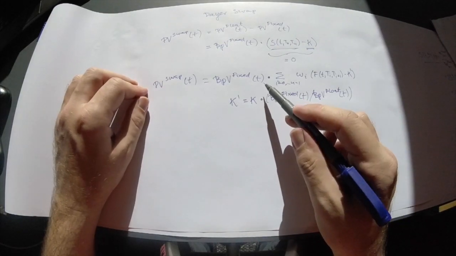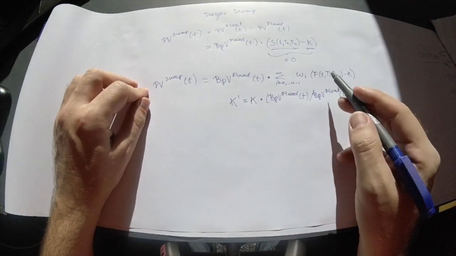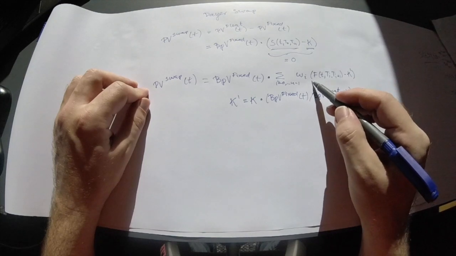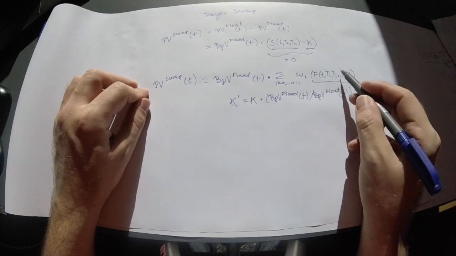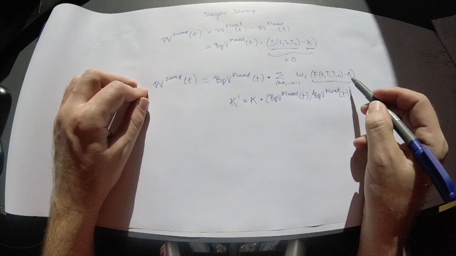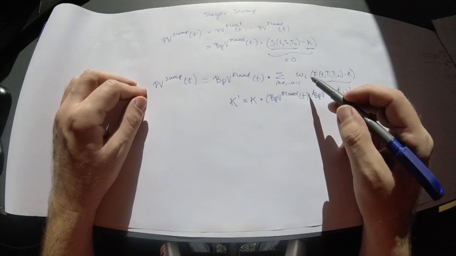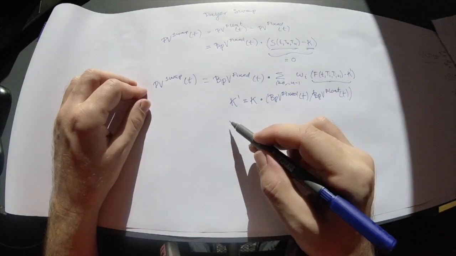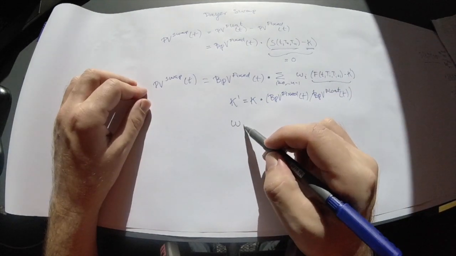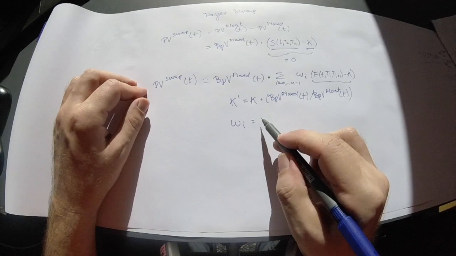So now we see that the value of the swap depends on the contribution of each of the forward LIBOR rates relative to the fixed rate. The contributions come with a set of weights that we actually defined on a previous slide.